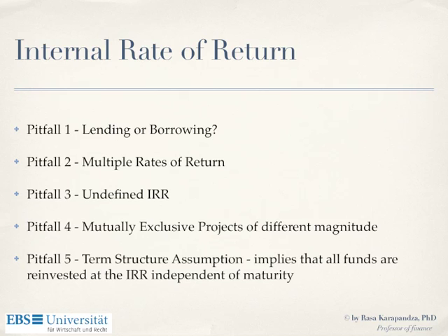And now, imagine that this project's cash flow stream has multiple internal rates of return. We know that the number of internal rates of return that you can calculate depends on the number of switches from negative to positive. The more switches there are, the more solutions there will be.